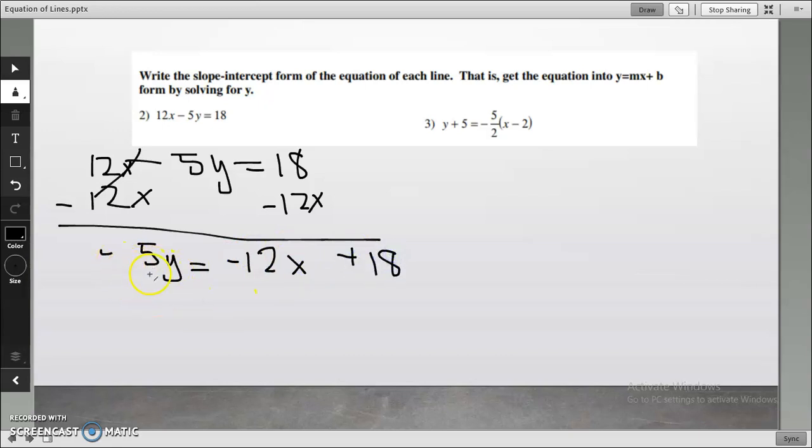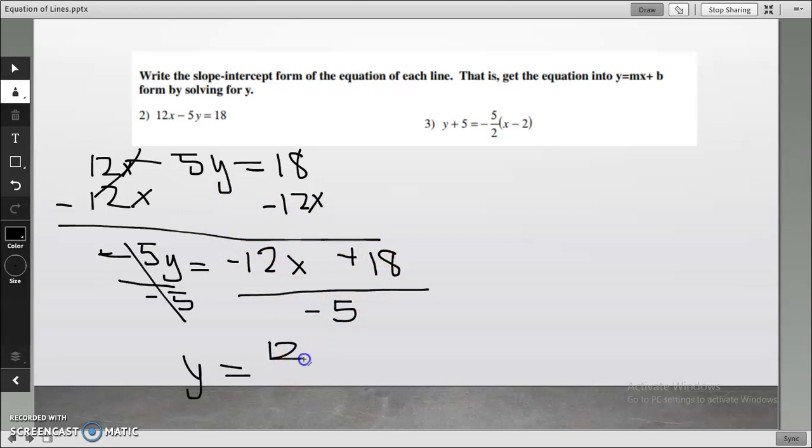Then I got to get rid of this 5, or actually it's a negative 5. So I'm going to divide both sides by negative 5. So everything over here needs to be divided by negative 5. So that's going to cross out, and I get y is equal to negative divided. And each one of these has to be divided by negative 5, by the way. So a negative divided by a negative turns to positive.